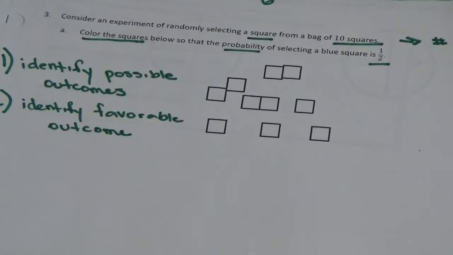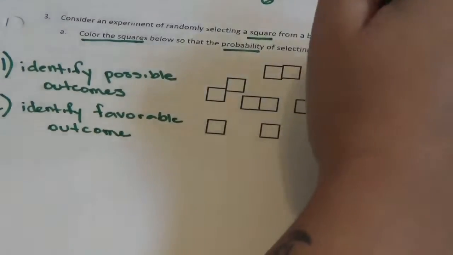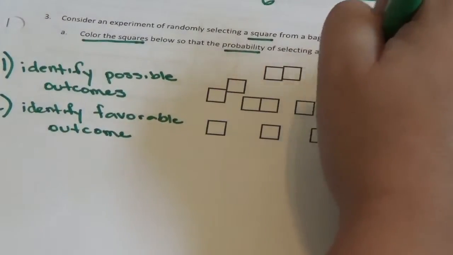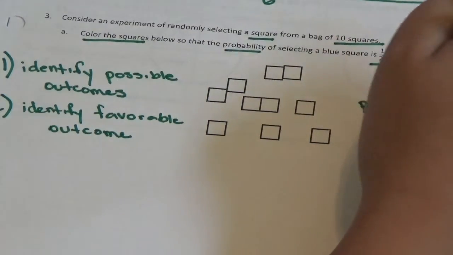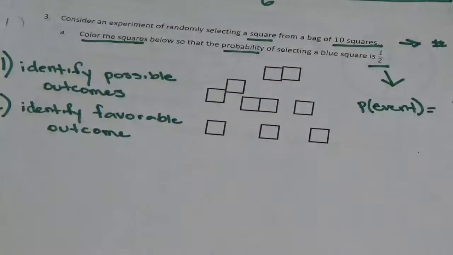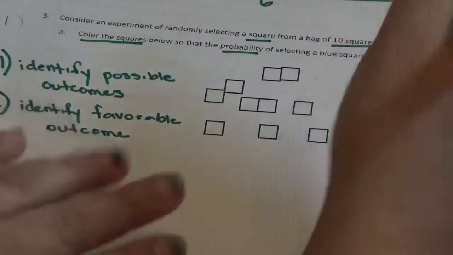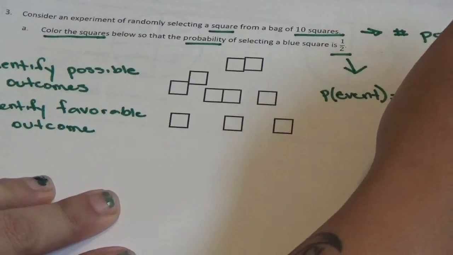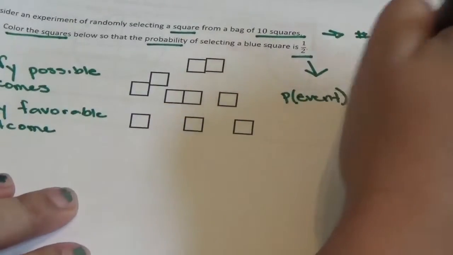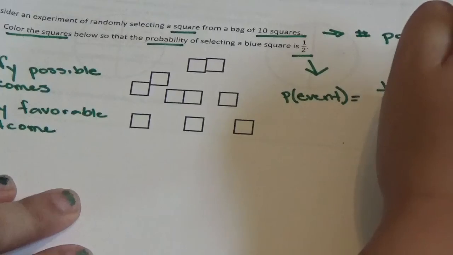So they already gave us the probability of an event, so we're working a little bit backwards here. But I know that the numerator is favorable and the denominator is possible.